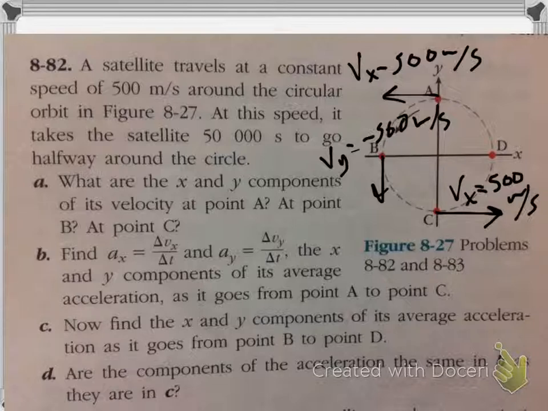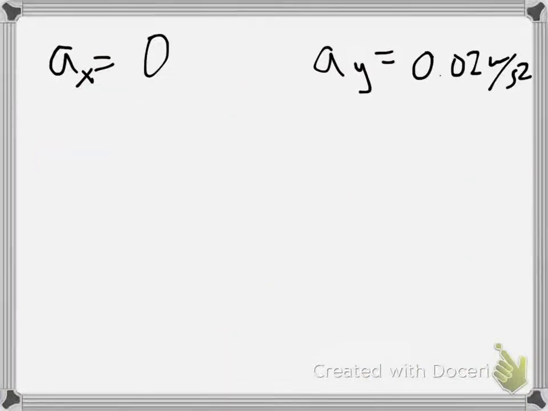Okay? And then for D, are the components of the acceleration the same at B as they are at C? If we're talking about the tangential acceleration, then the acceleration is zero all the way around because it goes at a constant speed.